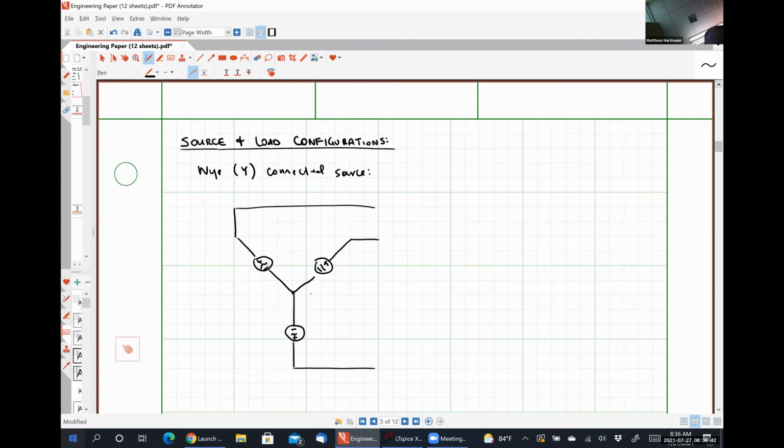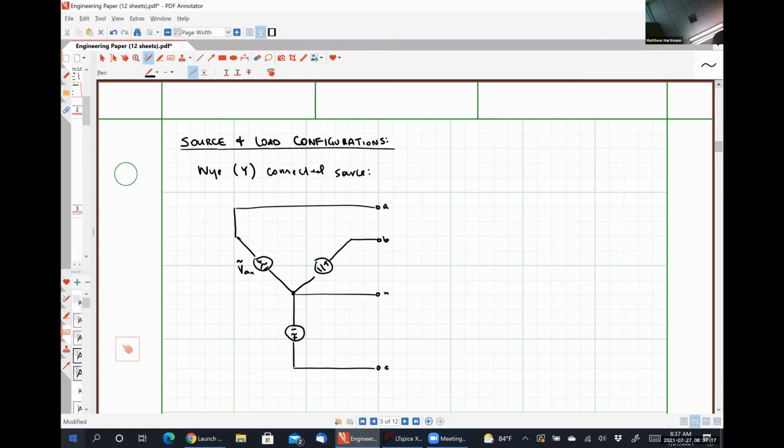So I'm going to say that this terminal is the A terminal, then below that is B, way down here at the bottom is C. And so that means that this voltage will be voltage VAN, because it's the potential difference between the A terminal of our source and the N terminal of our source.